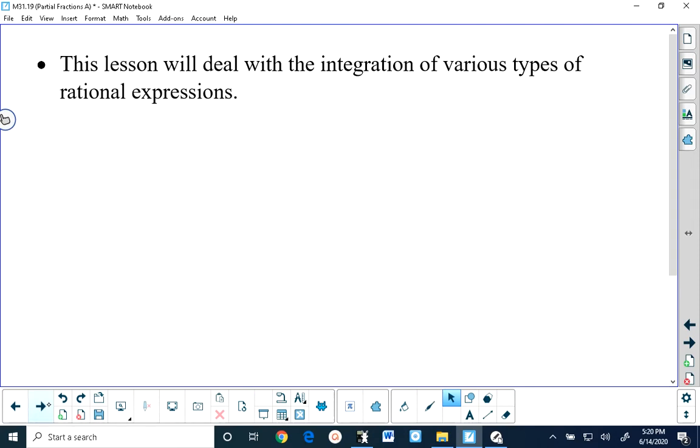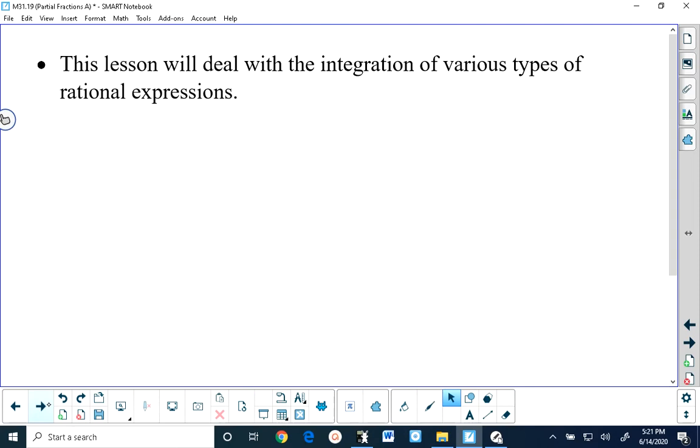So on Wednesday, what we will be looking at is, among other things, what happens if the denominator is not factorable into linear factors. And on Friday, I will be looking at what happens if the degree on the numerator is not smaller than the degree on the denominator. But again, you are only expected for this new modified course to know what we learned today.